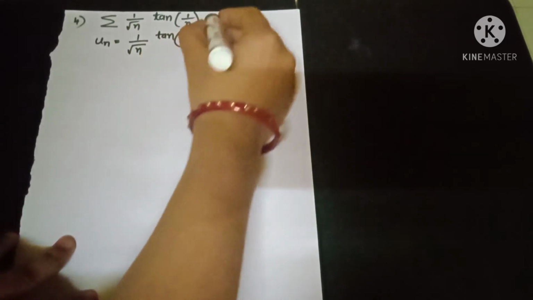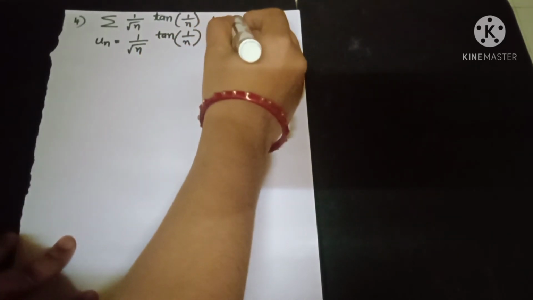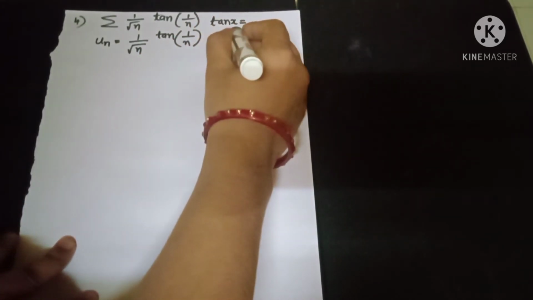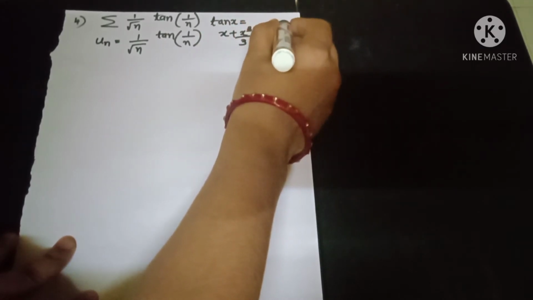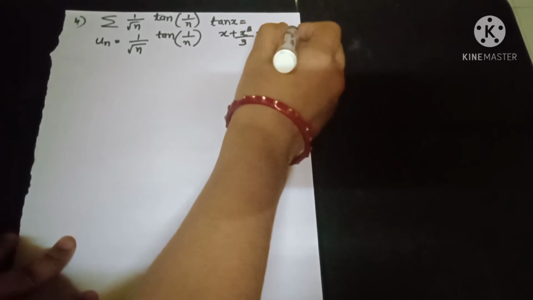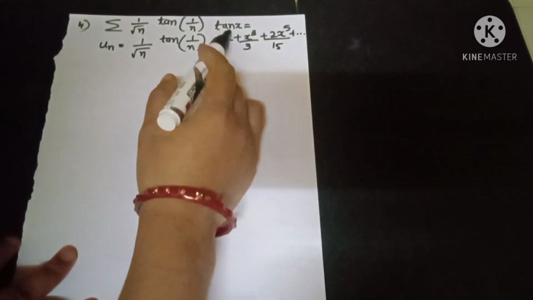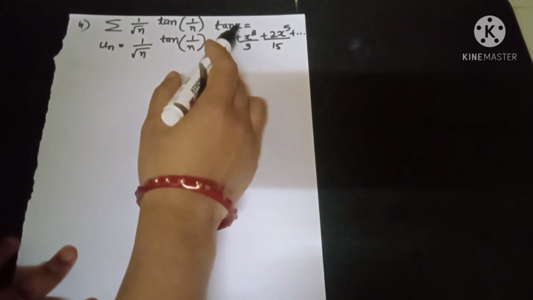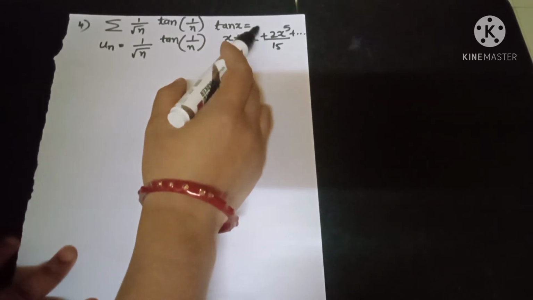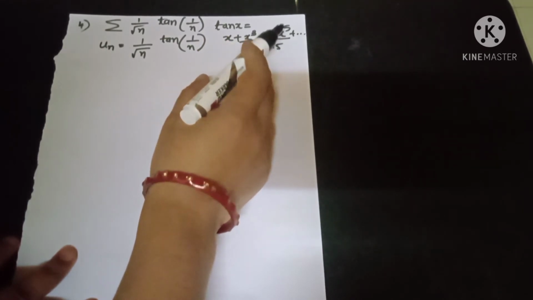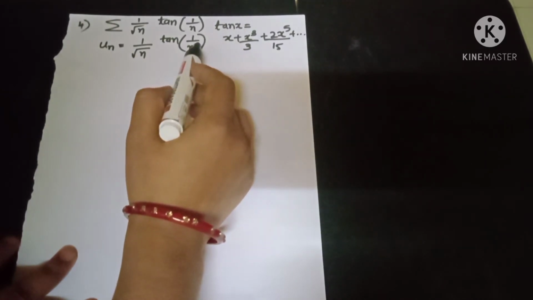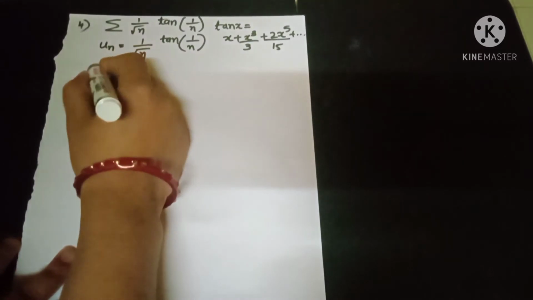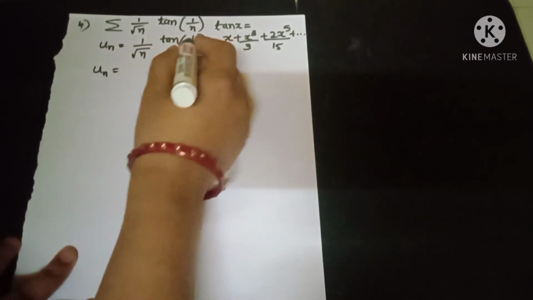We know that the expansion of tan x is equal to x plus x cube by 3 plus 2x to the power of 5 by 15 plus etc. This is the expansion of the tan function by Taylor series, where the x value is 1 by n.